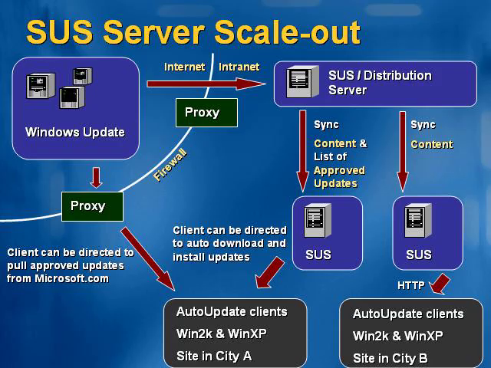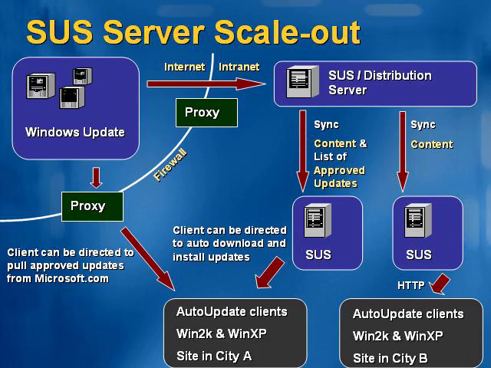So really, it's a way to protect your network and protect your people from missing those update emails you keep sending out. There's also an attitude about server scale-out per Windows Update Services or Software Update Services. For those of you who work in large organizations, you're still going to have one central SUS server, and that's going to distribute content to regional offices in possibly a couple different areas.